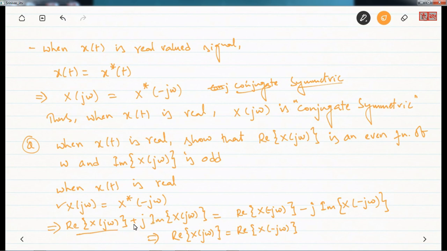So real of X of j omega is equal to real of X of minus j omega, and imaginary of X of j omega is equal to minus of imaginary of X of minus j omega. Hence, the real part of X of j omega is an even function, and the imaginary part of X of j omega is an odd function.